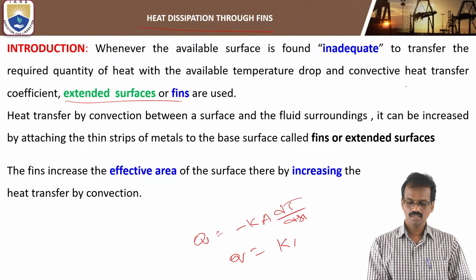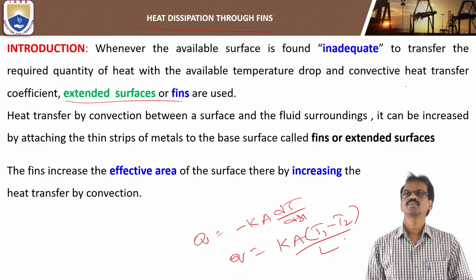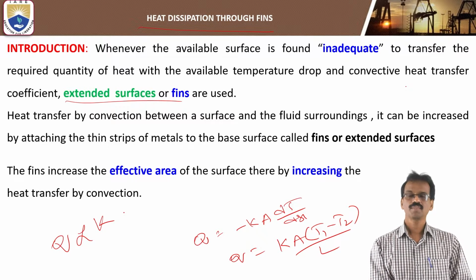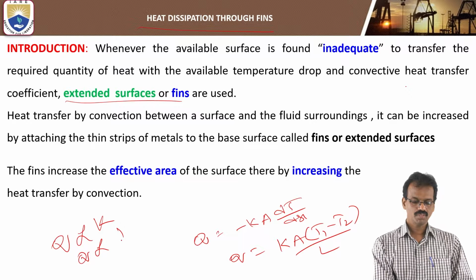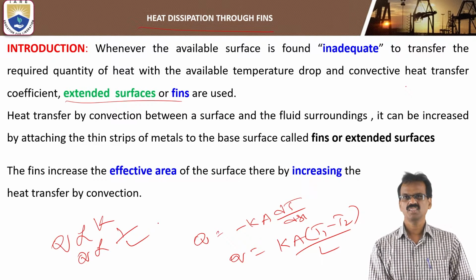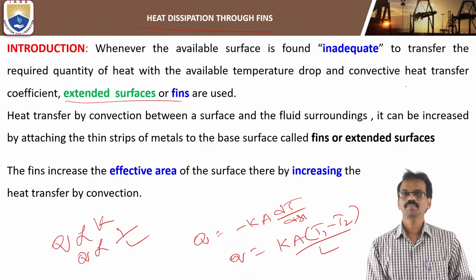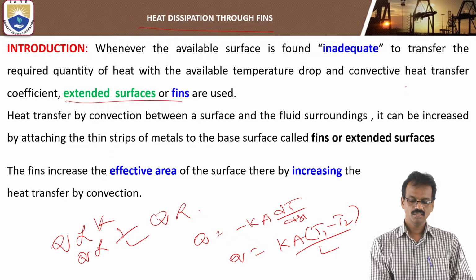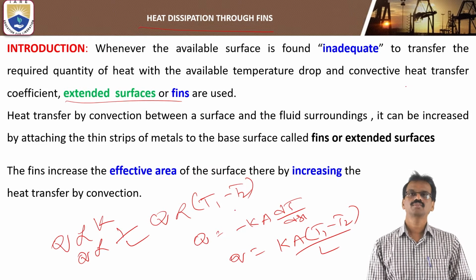That is Q equals KA times the temperature difference T1 minus T2 by L. So Q is directly proportional to thermal conductivity K, and Q is inversely proportional to the thickness of the slab. If the thickness of the slab increases, automatically the rate of heat transfer will decrease, and Q is directly proportional to the temperature drop T1 minus T2.